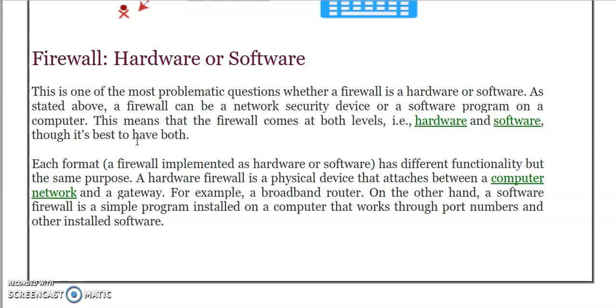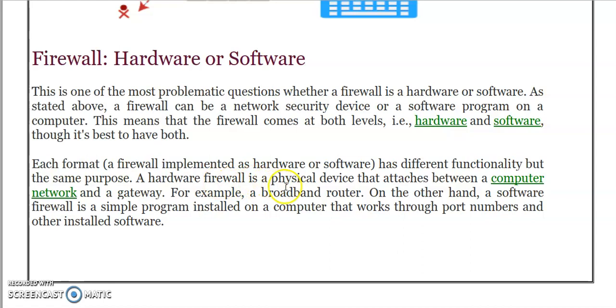If you have both the hardware device and the software in your computer, then you have a double check on hackers trying to enter into a computer. Each format of firewall, implemented as hardware or software, has different functionality but the same purpose.